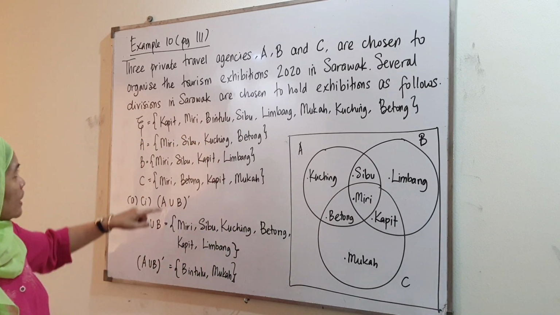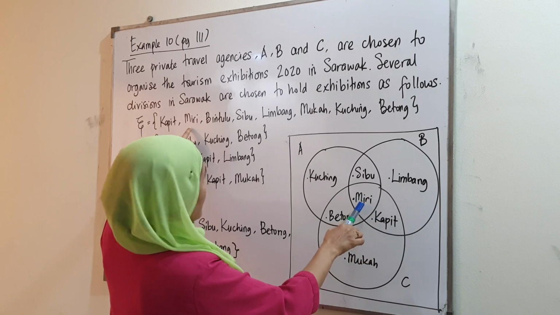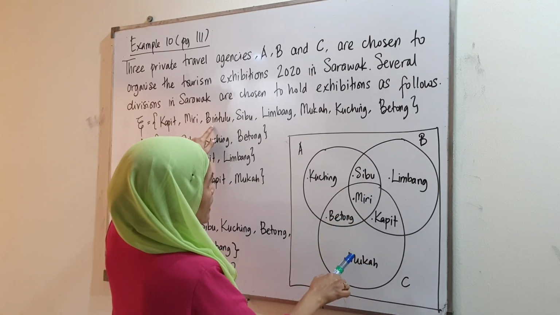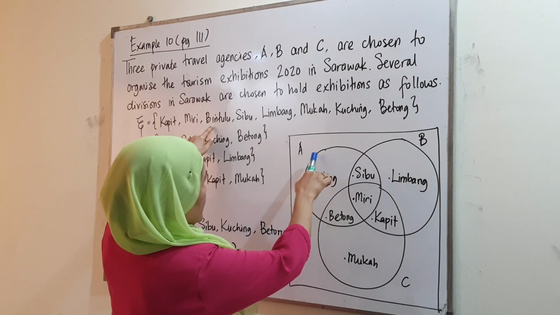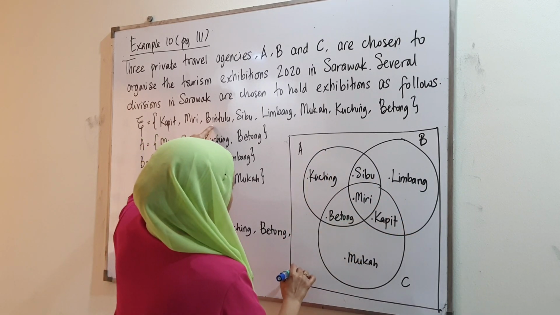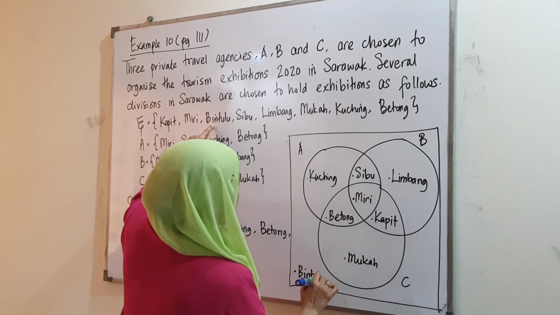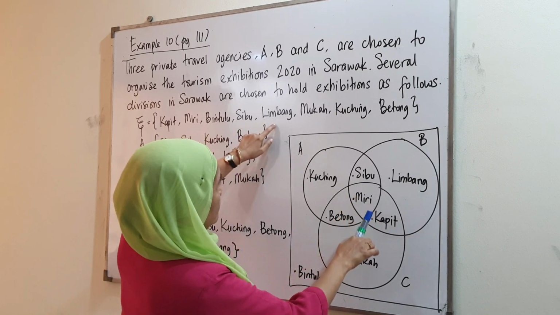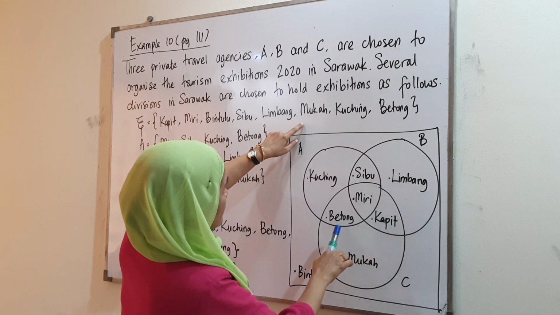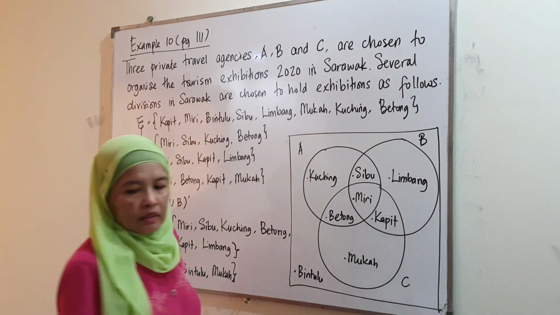So here we check. Kapit has, Miri has, Bintulu is not here, so Bintulu is outside. Sibu, yes. Limbang here. Muka here. Kuching here. Betong here. That's all.